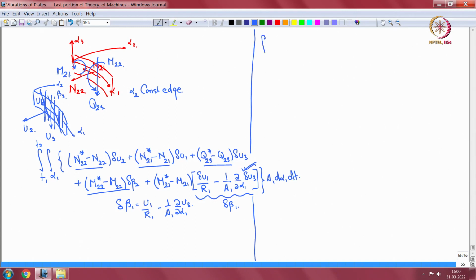So integral t1 to t2, integral over alpha 1, M21 star minus M21 del alpha 1 delta U3 d alpha 1 dt.